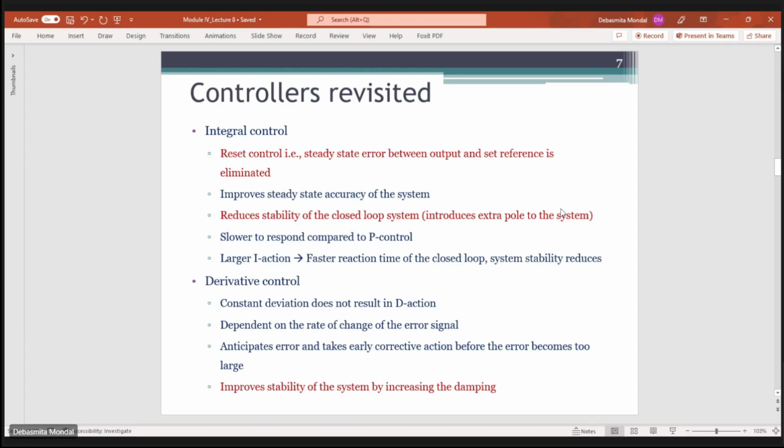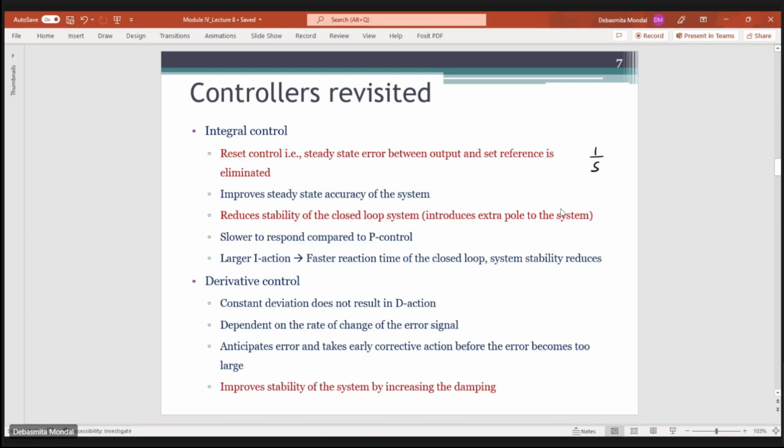But then again, what does integral control mean? Integration is 1 by S, right? So you are introducing an extra pole to your system, and the moment you introduce an extra pole, the relative stability of the system reduces. So even though integral control reduces the steady state error and improves the steady state accuracy, it also comes along with a reduction in the stability of the closed loop system.